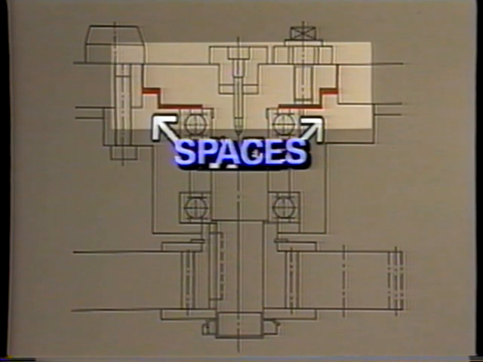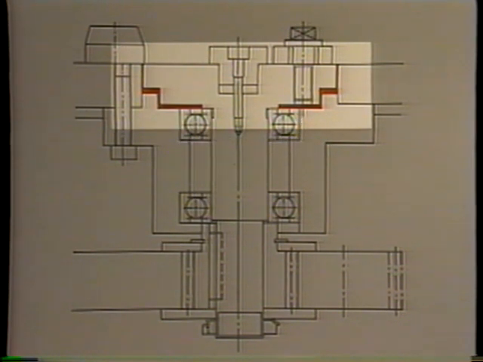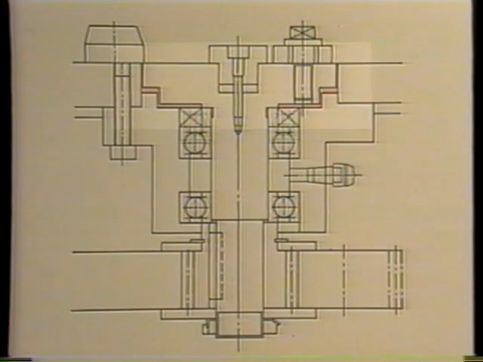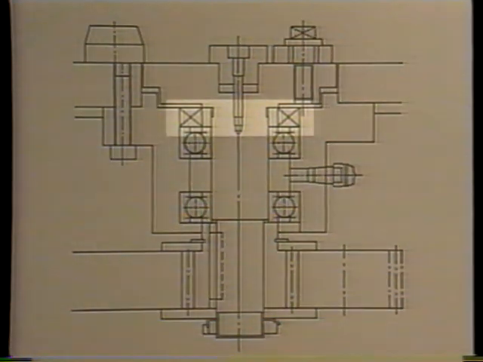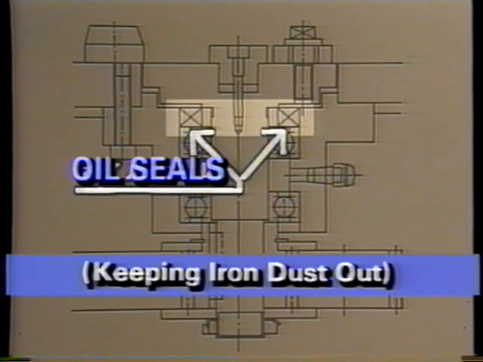In addition, incomplete tightening causes looseness in the rollers and jigs, which can lead to the production of defective products. So, not only are daily cleaning and checking necessary, but proper lubrication and tightening as well. One effective improvement is to attach oil seals to prevent iron dust from getting into the works.